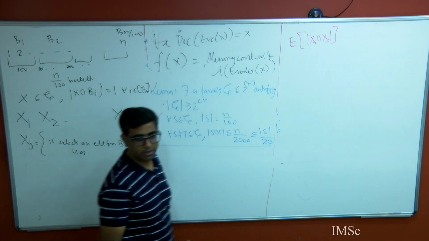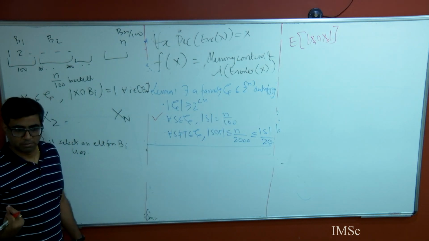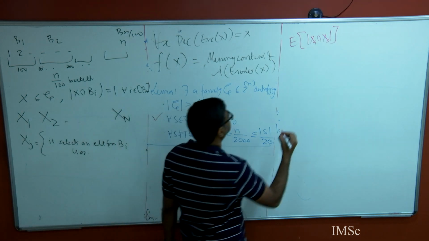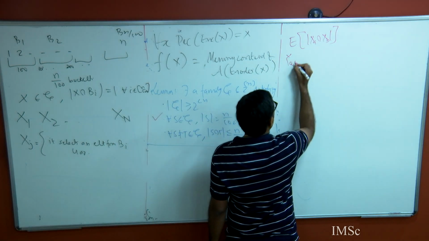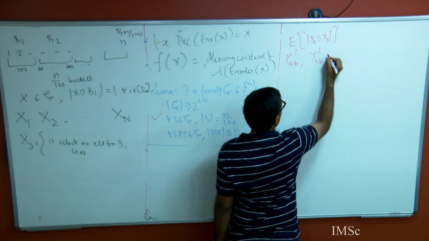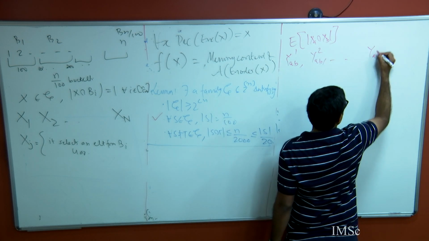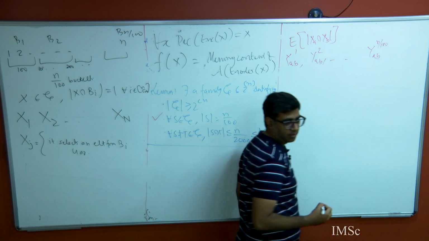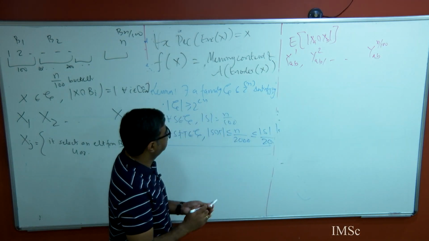So let's set up some random variables, Y_AB1, Y_AB2, up to n by 100. And what are these random variables?